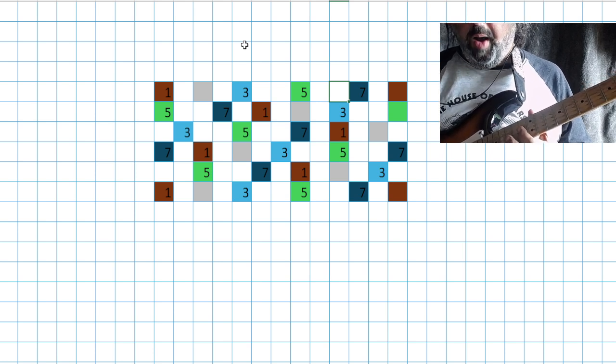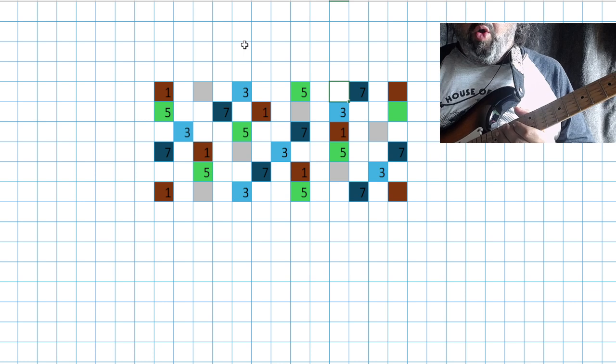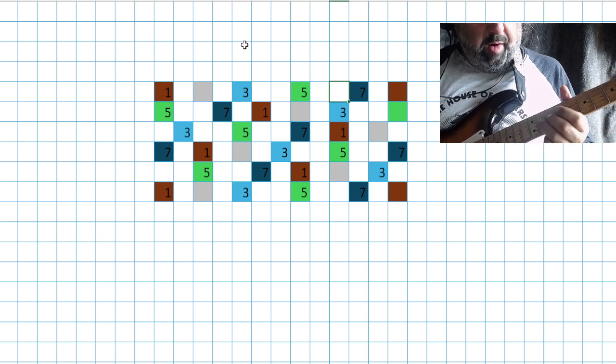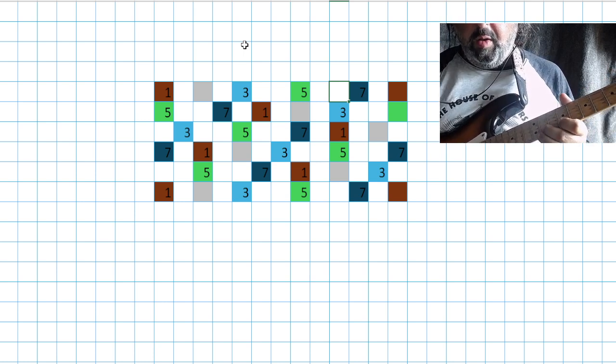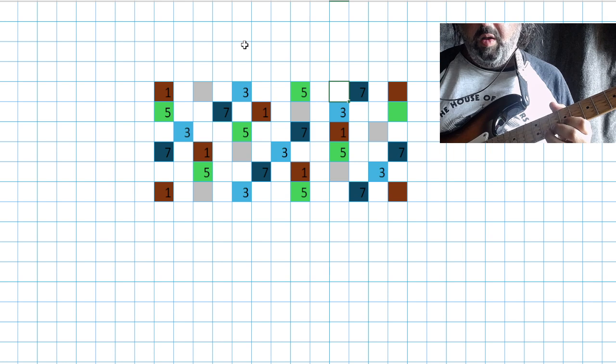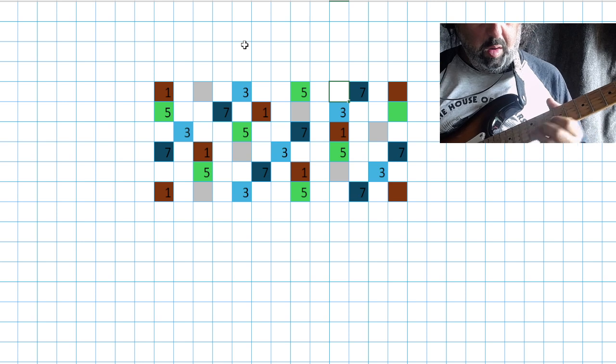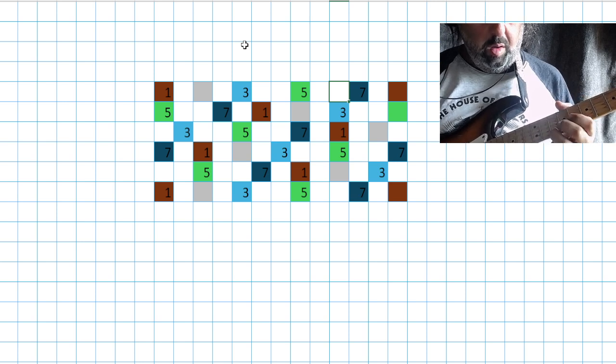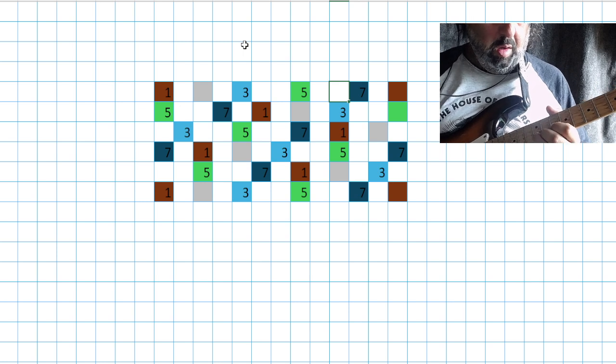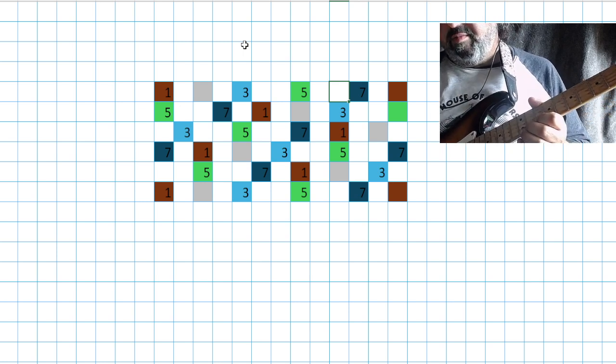So what we can do then, therefore, is think scales and play the wrong note.